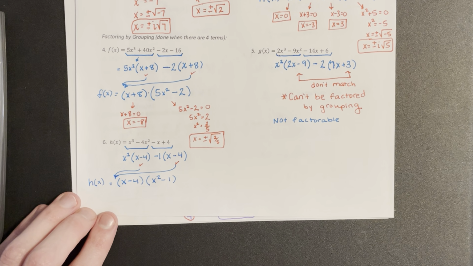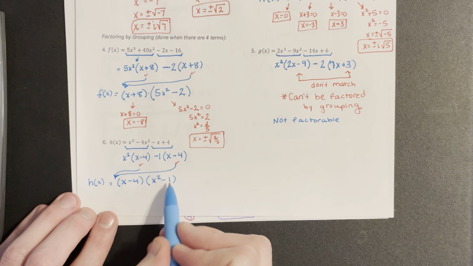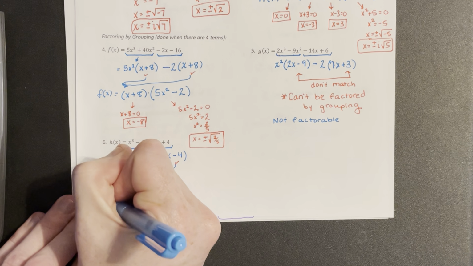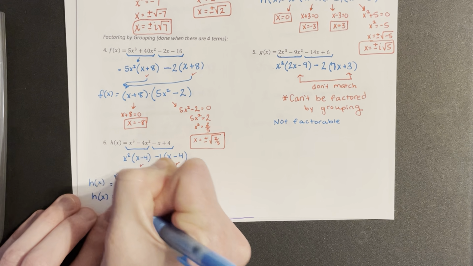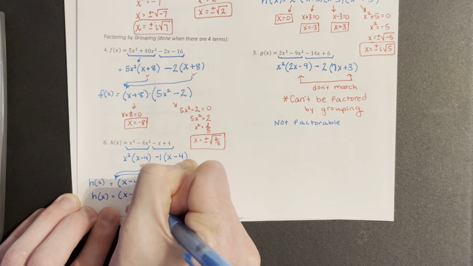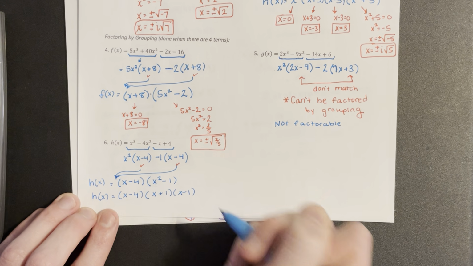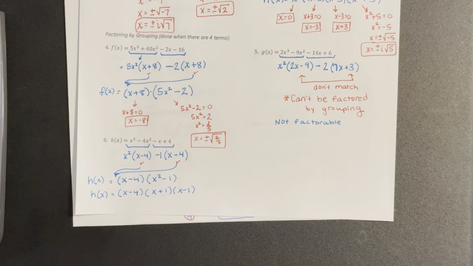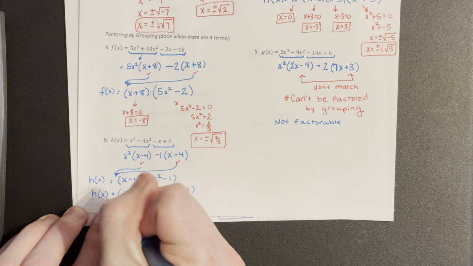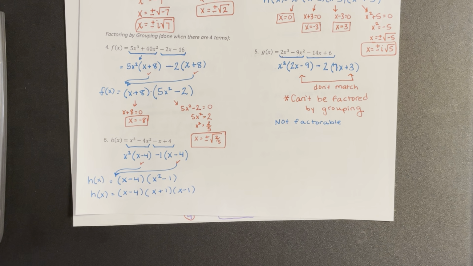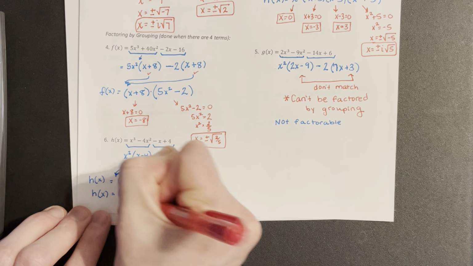And this actually continues factoring because I noticed that this is going to be a difference of squares, x squared minus 1. So x minus 4 times x plus 1 times x minus 1. Nothing else continues to factor, so this is in completely factored form, and we would get our 3 solutions from here.